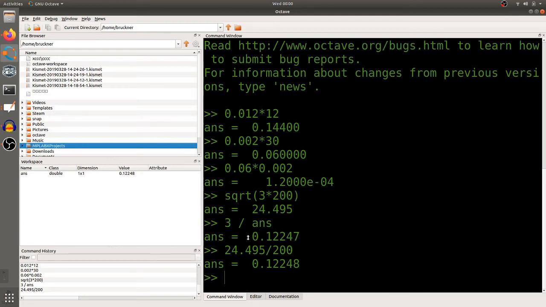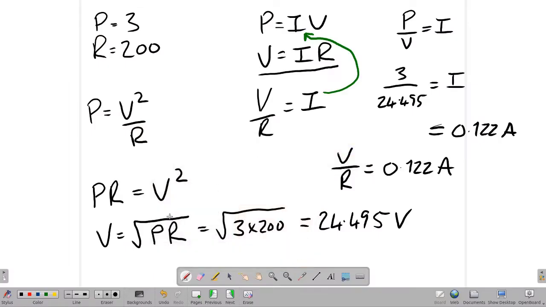This one was calculated with the answer with many decimal places that we don't see, and this is me rounding it to what we see on the screen, which is the cause of the different answer. So for this component, we've calculated the voltage and the current twice and validated our answer. It's always worth doing that just to make sure you haven't made a mistake somewhere in the calculations.